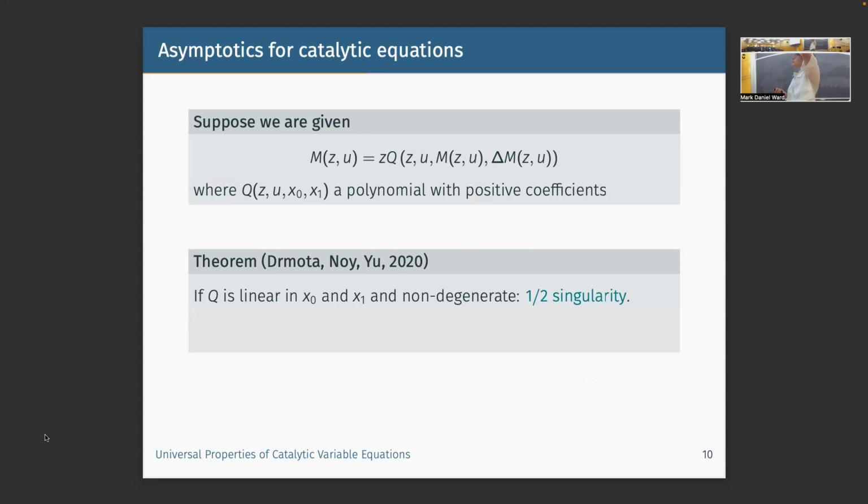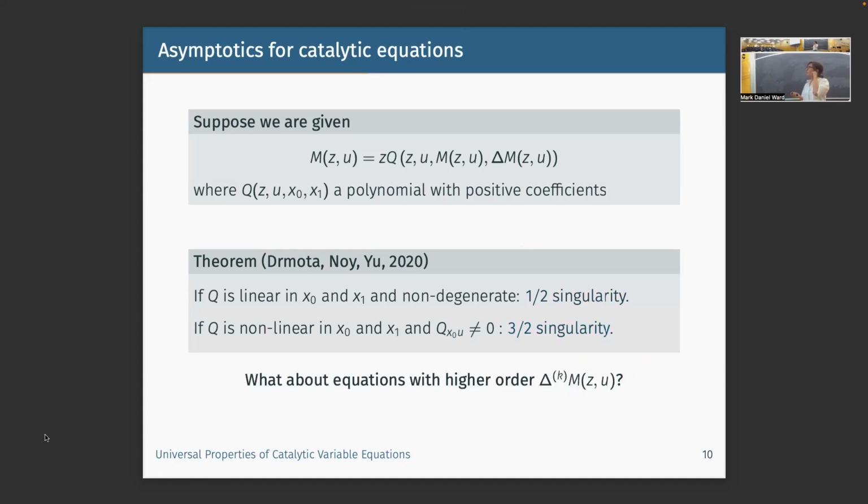But in 2020, Drmota and Yu proved that there's a dichotomy. If Q is linear in M(z,u) and the divided difference of M(z,u), and non-degenerate, I'm not going to go into the details what this means, but then you have a 1/2 singularity. And if it's non-linear, like it is in the map case, then you have a 3/2 singularity. Okay. And now I've already shown you also an example where we have higher order divided differences. What happens then?